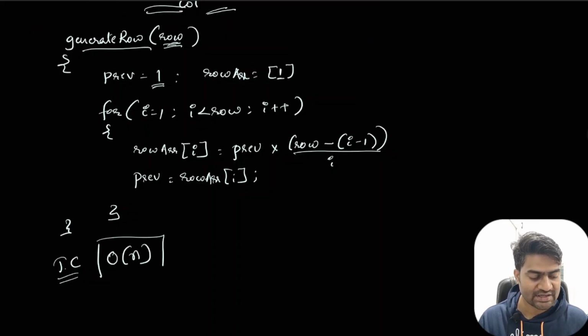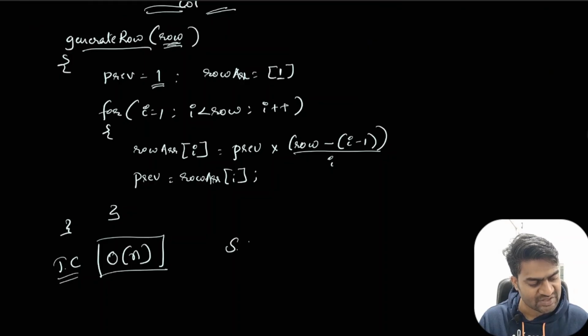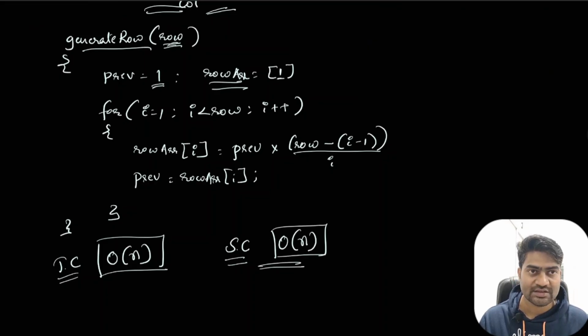It is not order n square because we are not generating the entire Pascal triangle. We are only generating one row. And for the space complexity, we are using this extra array, which can be of order n. So this is the time and space complexity.